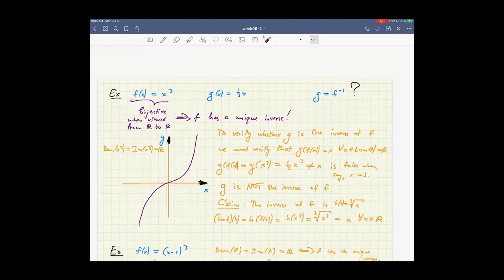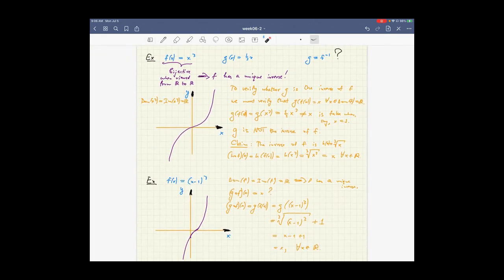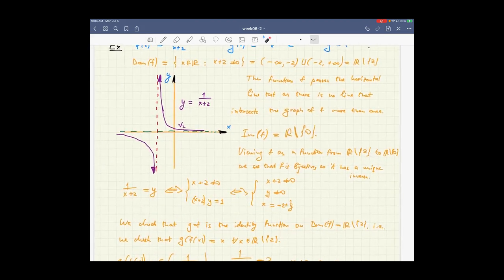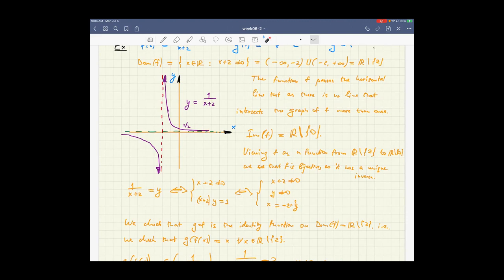We already did this in the past. Let me show you that example. Remember, in this example, when we were trying to understand the image of the function 1 over x plus 2, we equated 1 over x plus 2 to y, and solved that equation for x, and understood that as long as y is not 0, that equation has a solution for x.